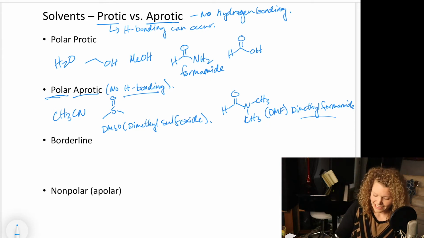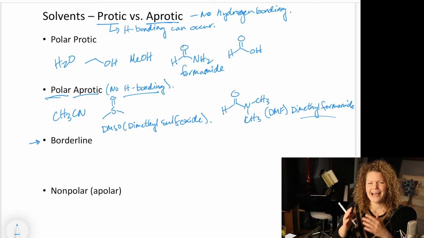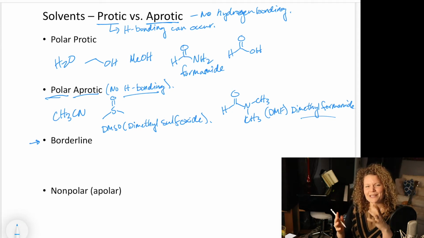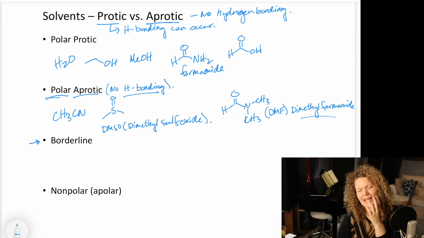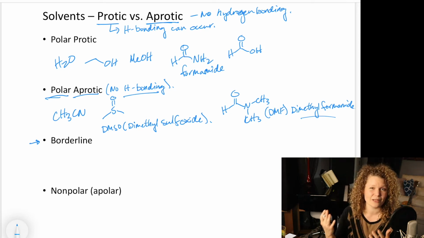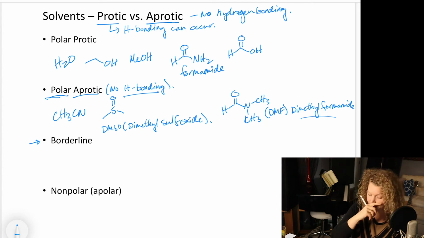Okay, now we get into the borderline ones. And these get interesting because they still have the ability to help separate ions from each other in solution, but not nearly as well as the polar aprotic.